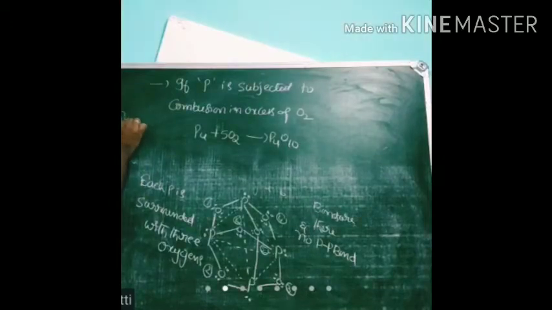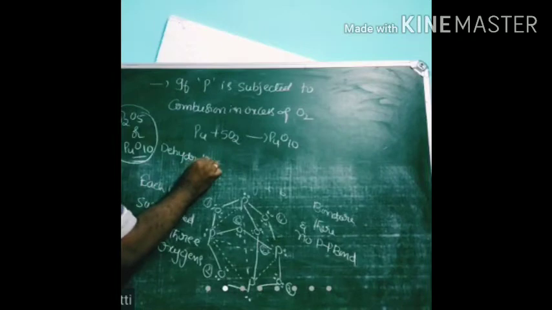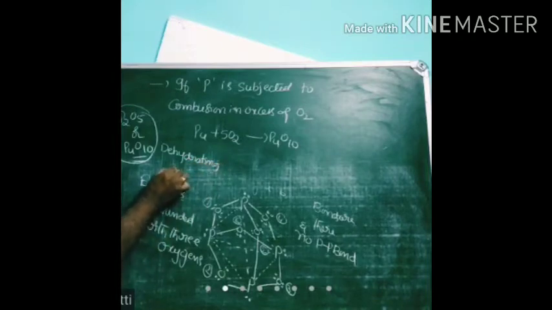Phosphorus pentoxide, actually P2O5, exists in the form of dimer, so we write P4O10. P2O5 or P4O10 is a very good dehydrating agent, used to remove water. It is an important reagent for organic conversions, where we use P4O10 or P2O5 as a dehydrating agent.